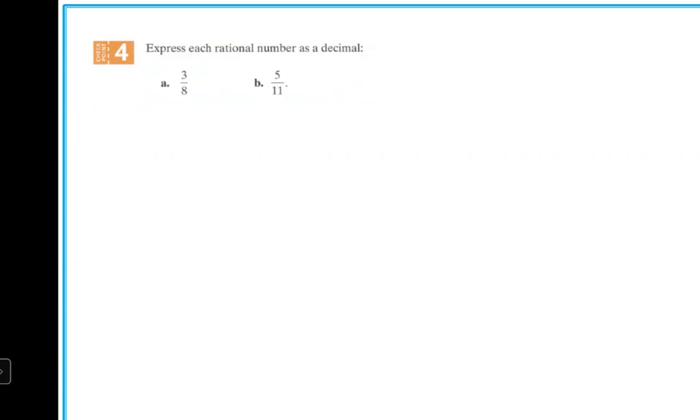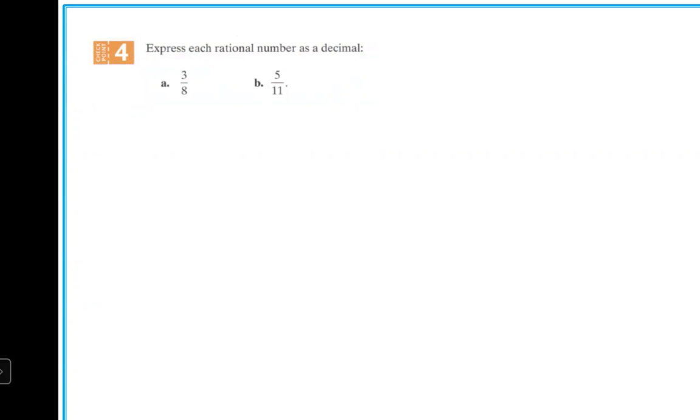So anytime the number at the top is smaller than the number at the bottom, your answer is always going to be less than 1. So it means that your number will be 0 point some value. So if you have a fraction 3 over 8, and you divide and you get something greater than 1, if you get 5 point something, 1 point something, you know you did something wrong. It should always be 0 point something if the number on top is smaller than the number at the bottom.